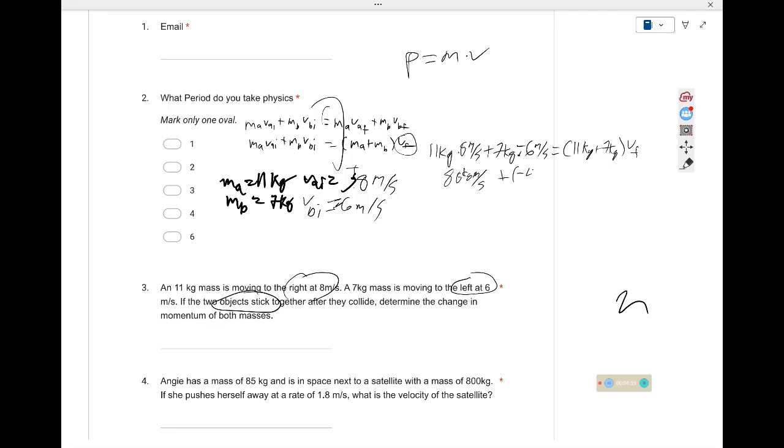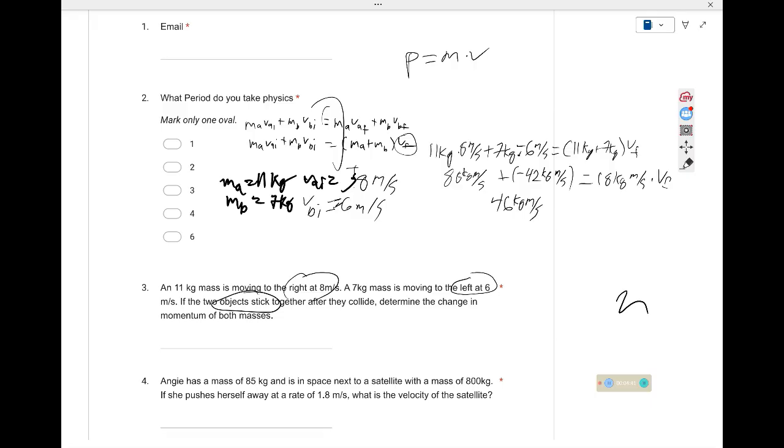So this is going to be negative 42 kilogram meters per second. And we add them together. 11 plus 7 is 18 kilograms times V sub F. 88 minus 42 is 46 kilogram meters per second.